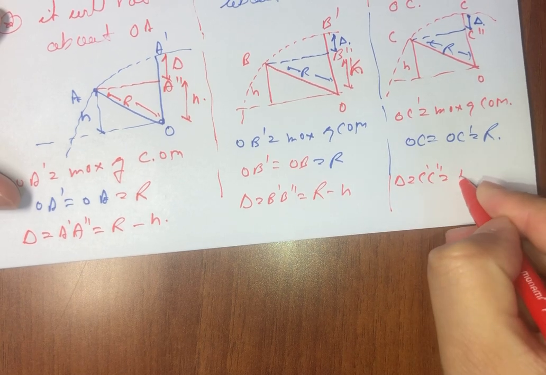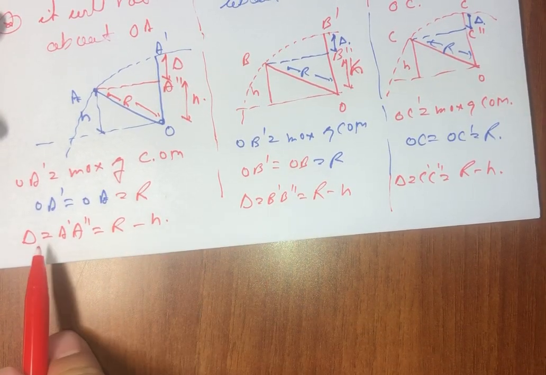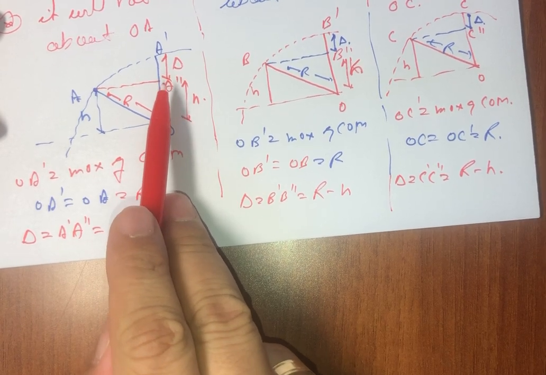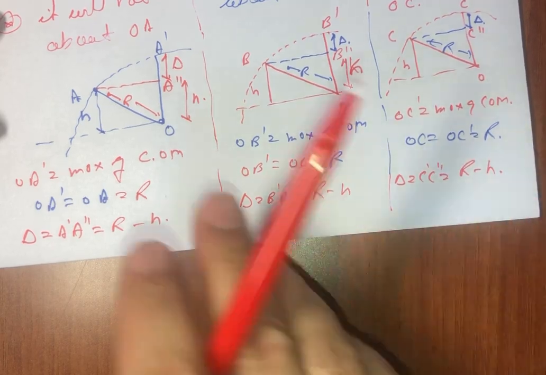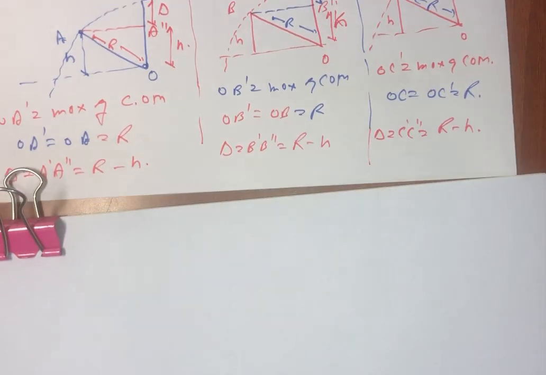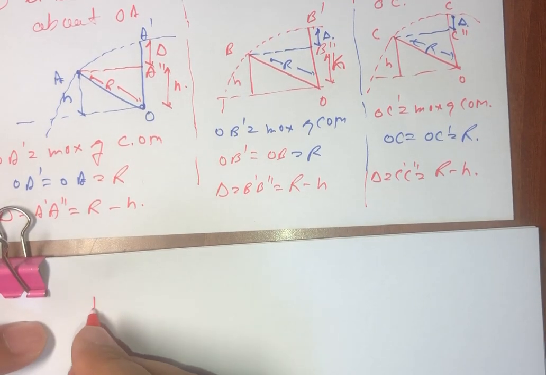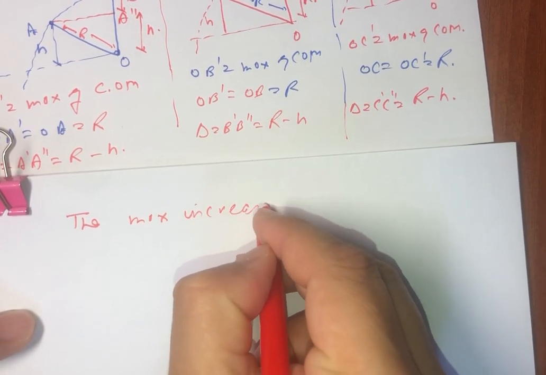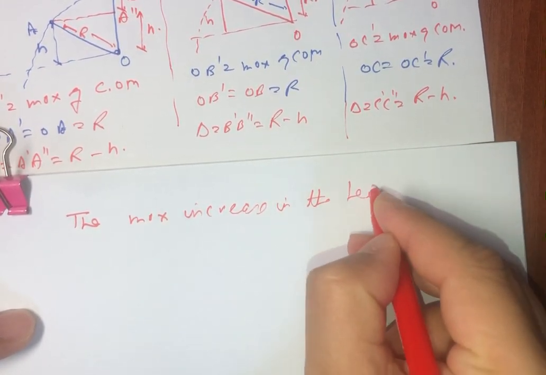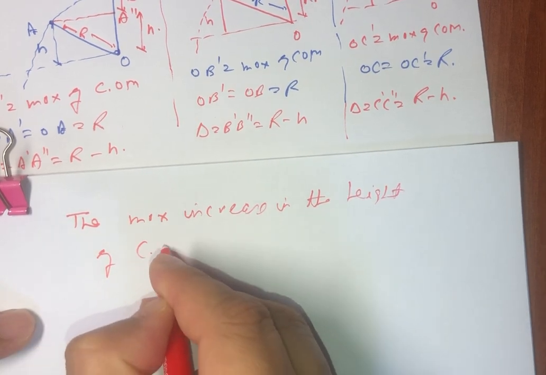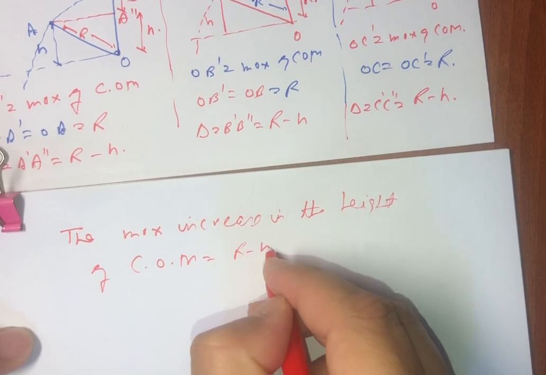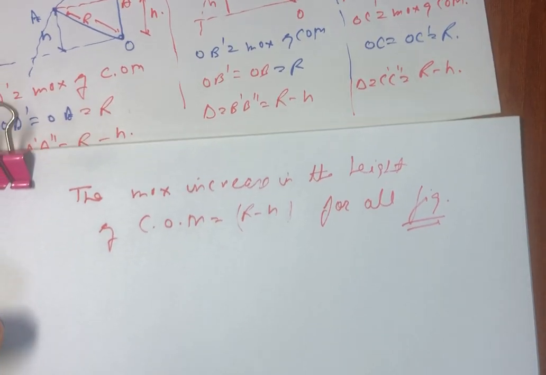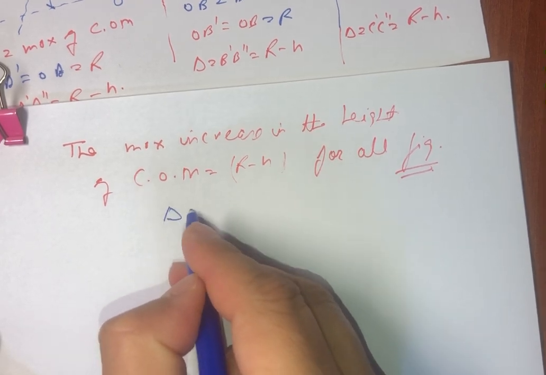We get this will be equal to R minus H. So in every case, delta, that is the maximum increase in the center of mass, is equal to R minus H, R minus H and R minus H. From here we can say the maximum increase in the height of center of mass is equal to R minus H for all figures. Or in the shorter form we can say delta is equal to R minus H.